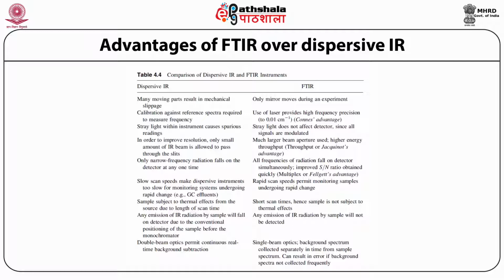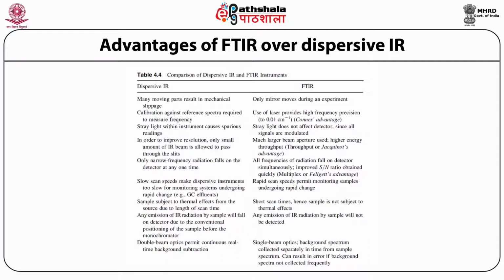However, all frequencies of radiation fall on the detector simultaneously, and an improved signal to noise ratio is obtained quickly. That's the multiplex or Fellgett advantage in the case of FTIR. In dispersive IR, slow scan speeds make the dispersive instrument too slow for monitoring systems undergoing rapid change. But in FTIR, rapid scan speed permits monitoring samples undergoing rapid change.